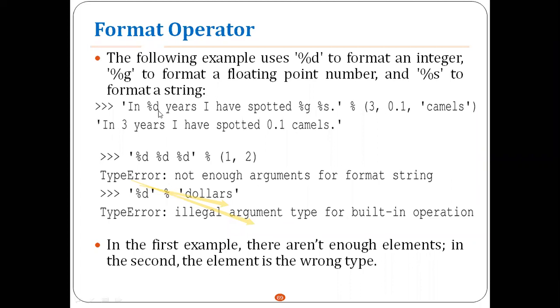The first percent d is mapped with 3, percent g is the floating point number, 0.1, and percent s is mapped with camels. Now in 3 years, I have spotted 0.1 camels, right? So 3 is an integer, 0.1 is a floating point number, and camels is a string.